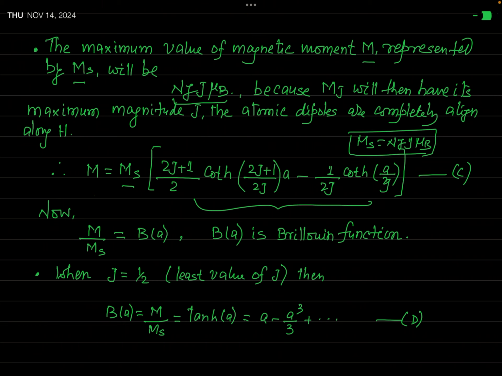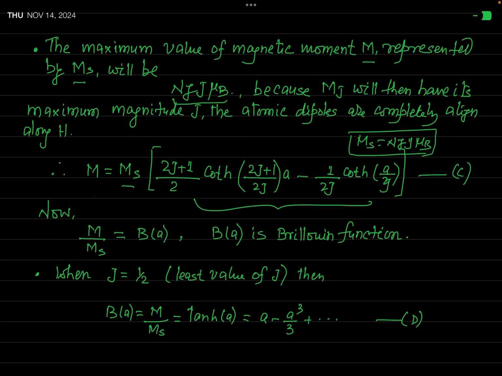Why is it called saturation magnetization? You have also learned this in the classical theory. Actually, a situation comes when the field is very strong, then almost all the atomic or molecular dipoles align themselves along the line of the magnetizing field. So magnetization is completed.